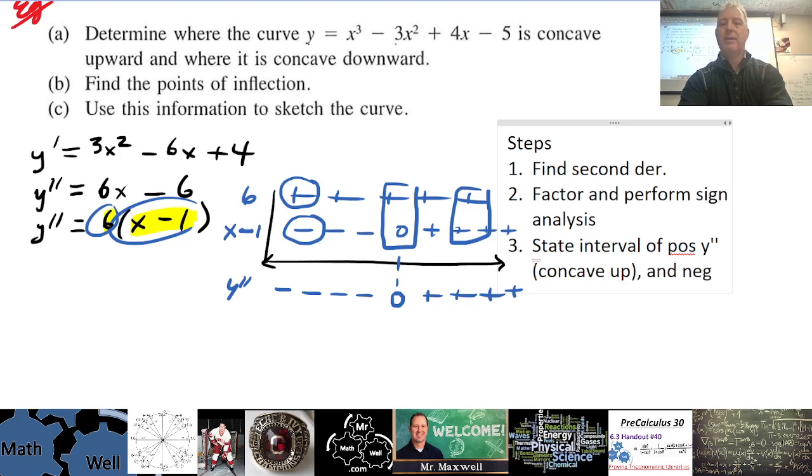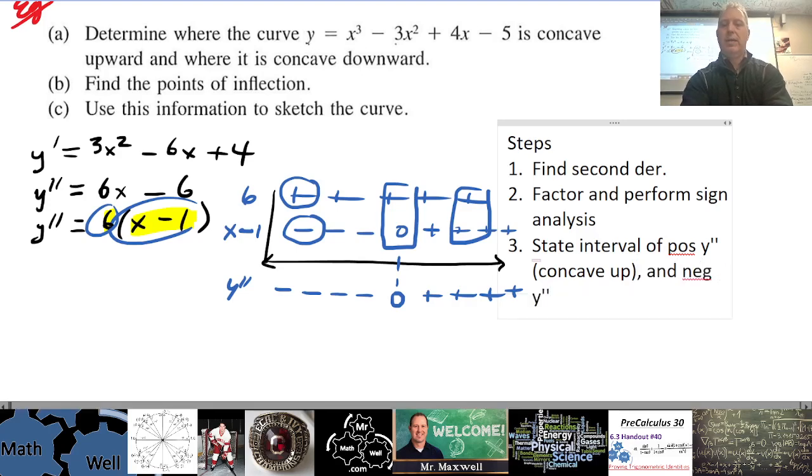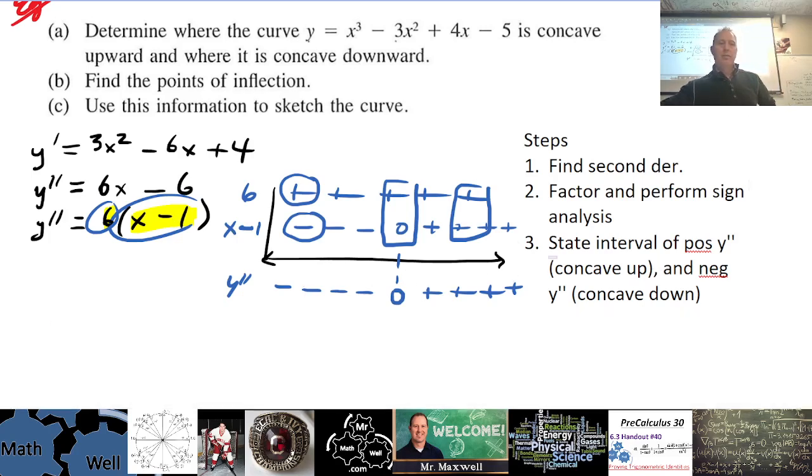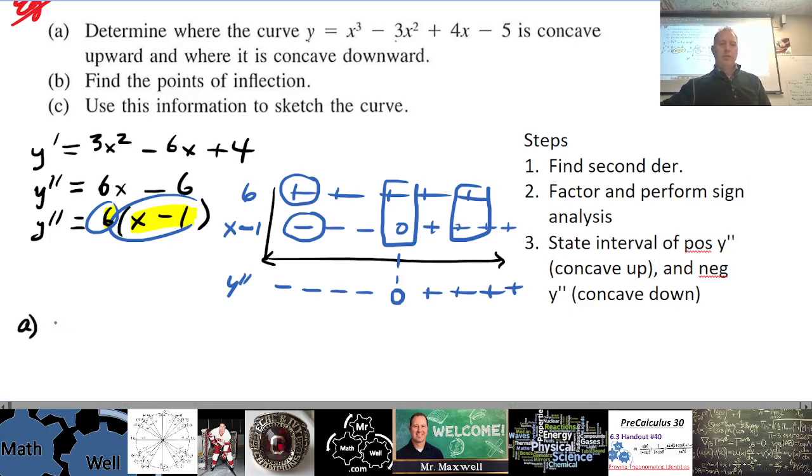And negative y double prime is concave down. Okay, so: second derivative, sign analysis, state intervals. For A here now, we've determined that this graph is, and you can abbreviate C.U. like we did in Pre-Cal 30 with me, that's fine, concave up.